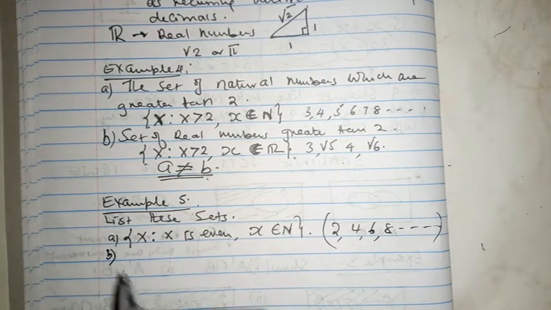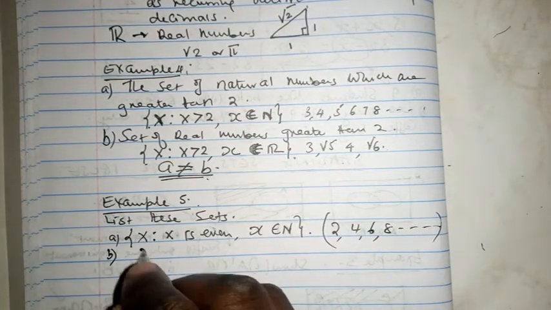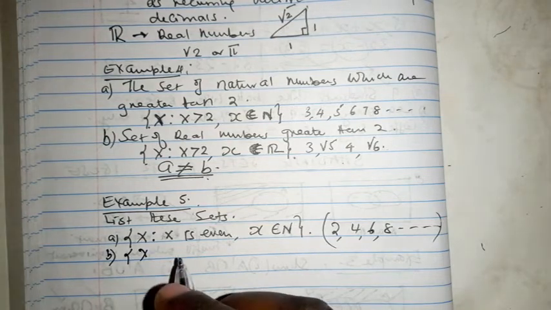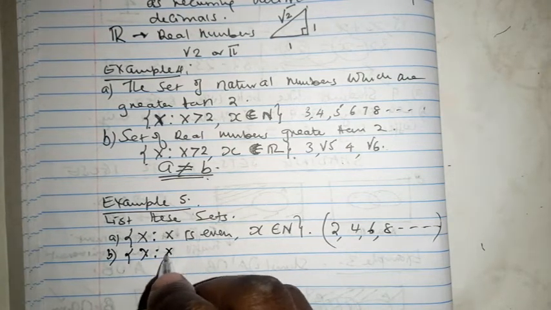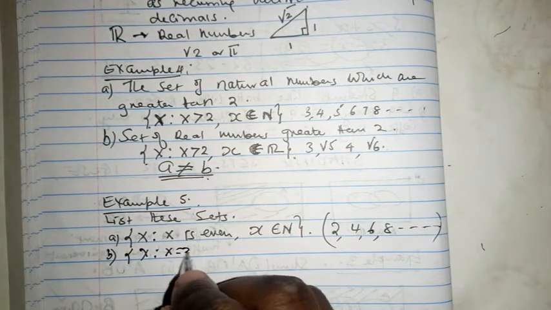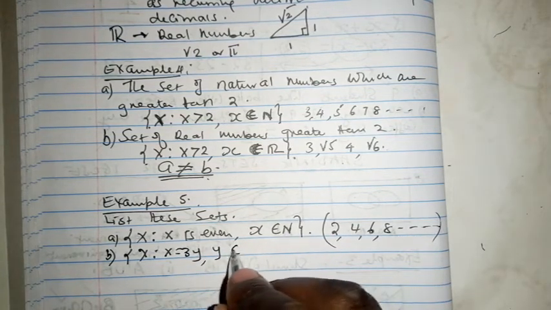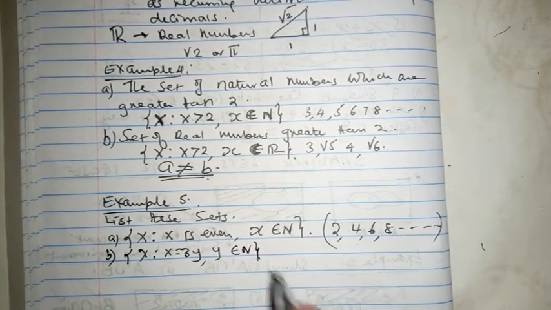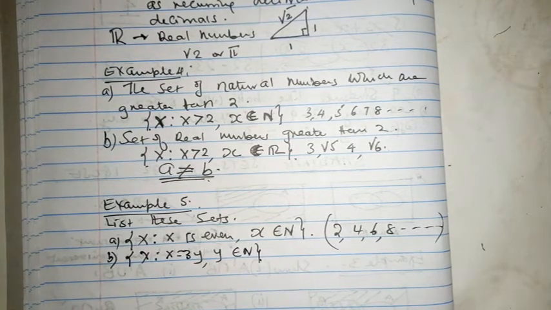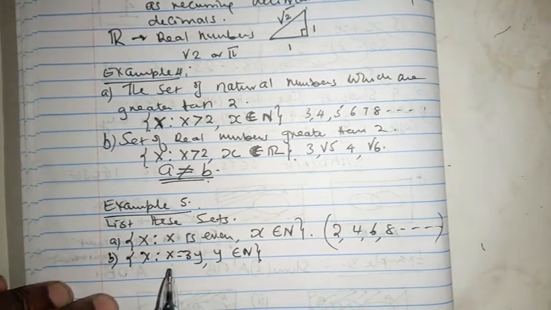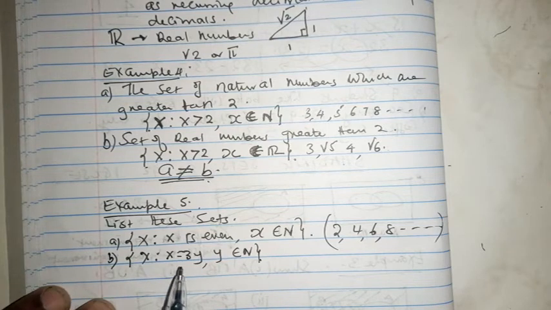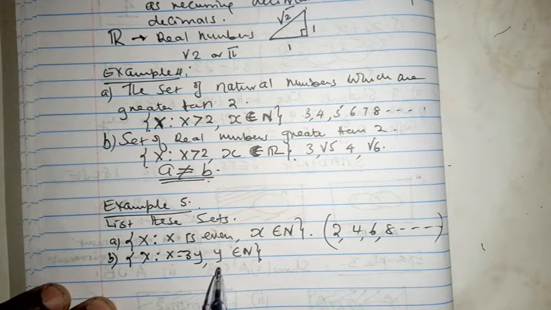Let's talk about part B. Part B, list these numbers x, where x itself is equal to 3y, and y is a natural number. Natural numbers start from 1.